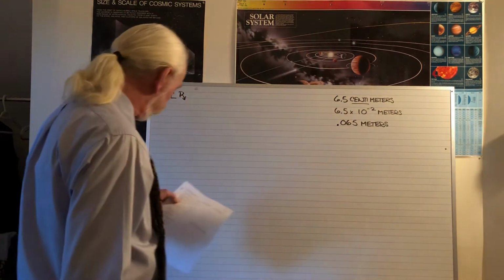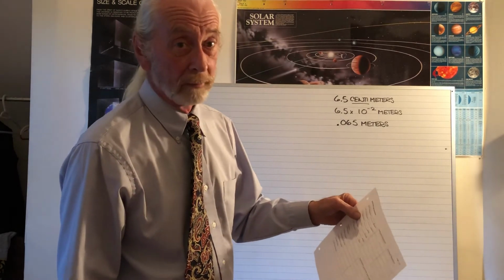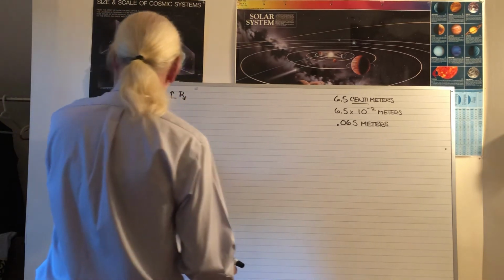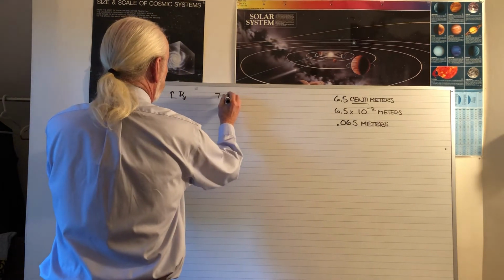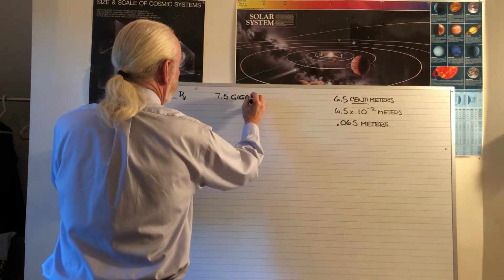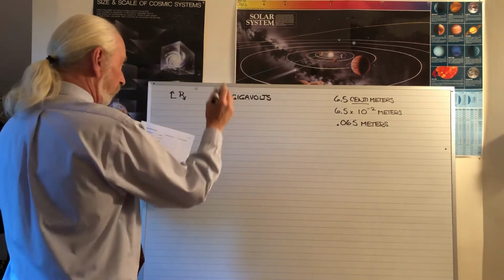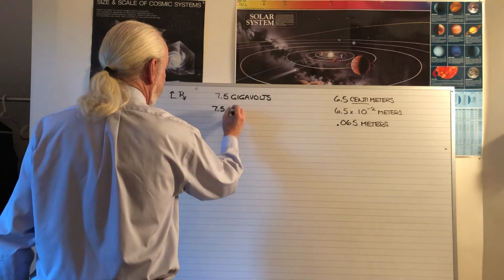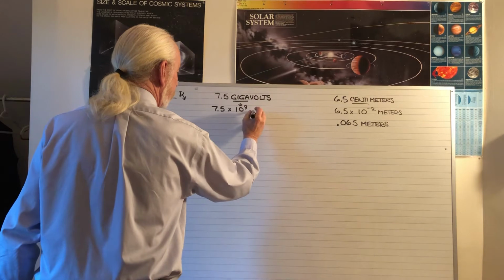Next example. 7.5 gigavolts, Marty. You knew that one was coming. All right, great Scott. 7.5 gigavolts. All right, just scientific notation. 7.5 times 10 to the 9th volts.